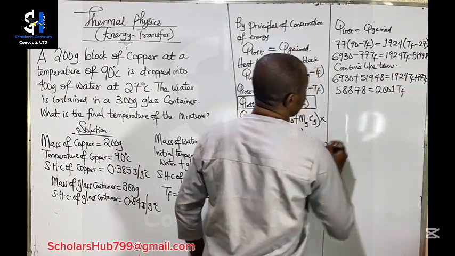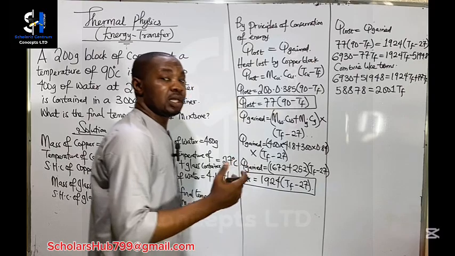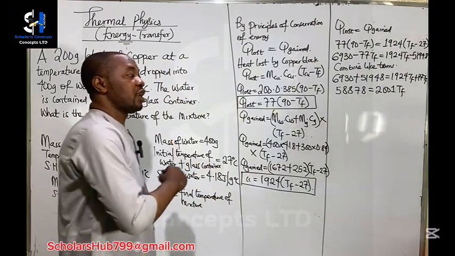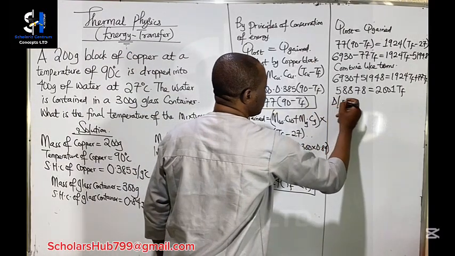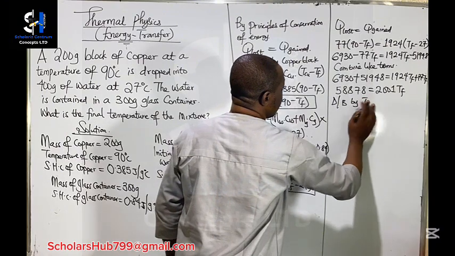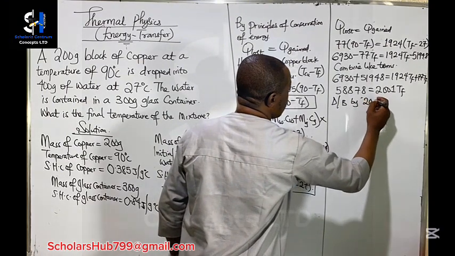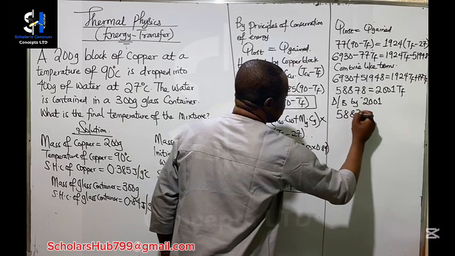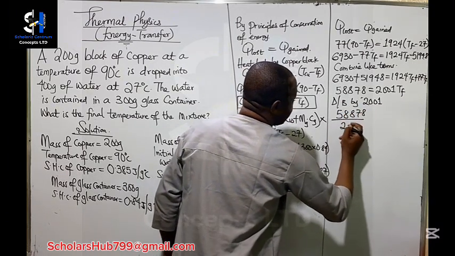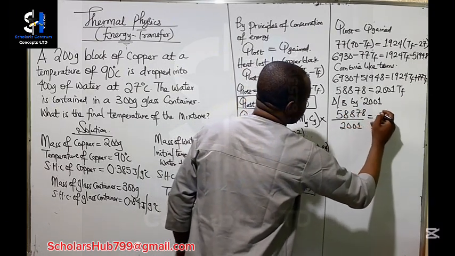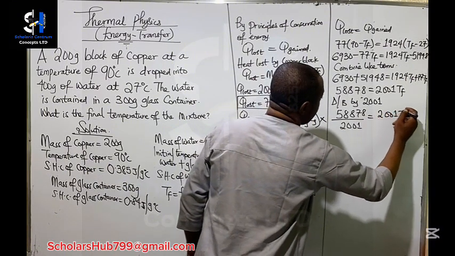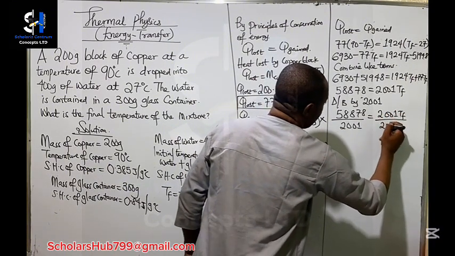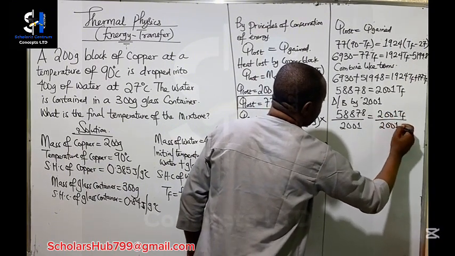So to be able to get the value of TF, we're going to divide both sides by 2001. We have 58878 divided by 2001 equals 2001 TF over 2001.